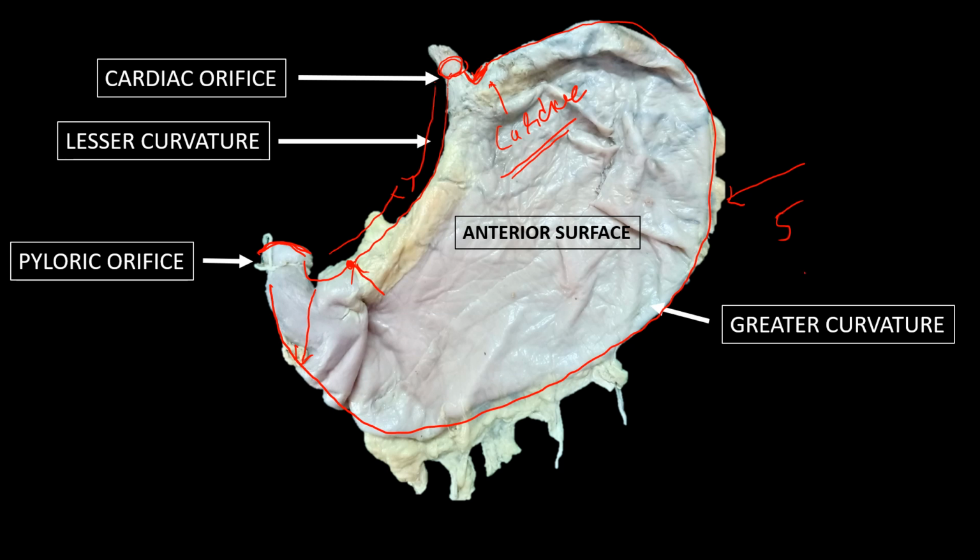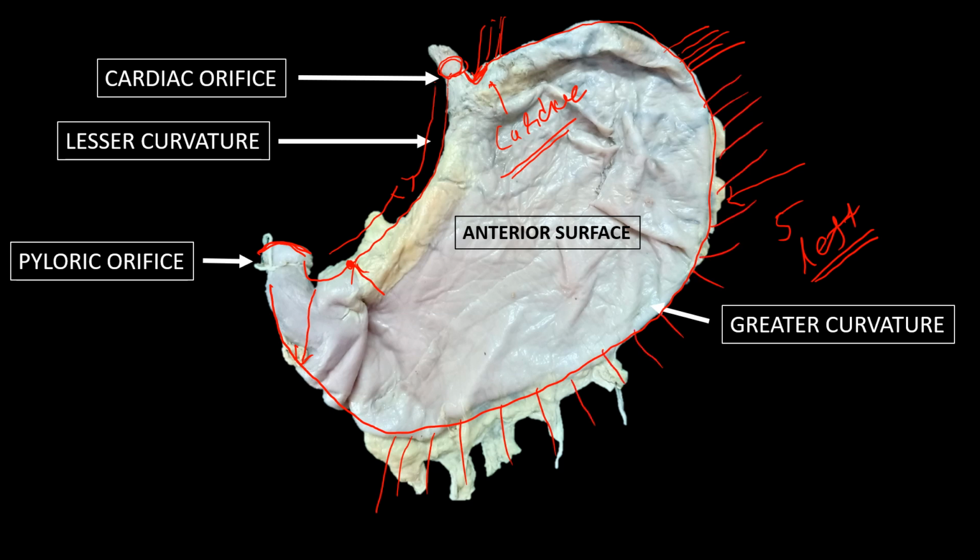It forms left border of the stomach. It gives attachment to gastrophrenic ligament, gastrosplenic ligament, and greater omentum. We will discuss about these ligaments in later slides.